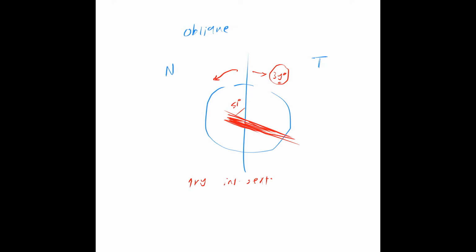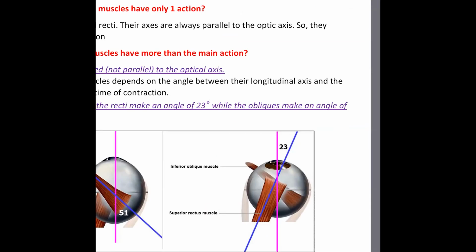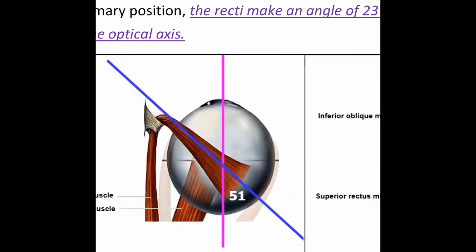I'll make an illustration of this. The blue one is the axis of the muscle, and the pink one is the optical axis. In order to be parallel, to result in elevation or depression, I have to do adduction of 51 degrees.